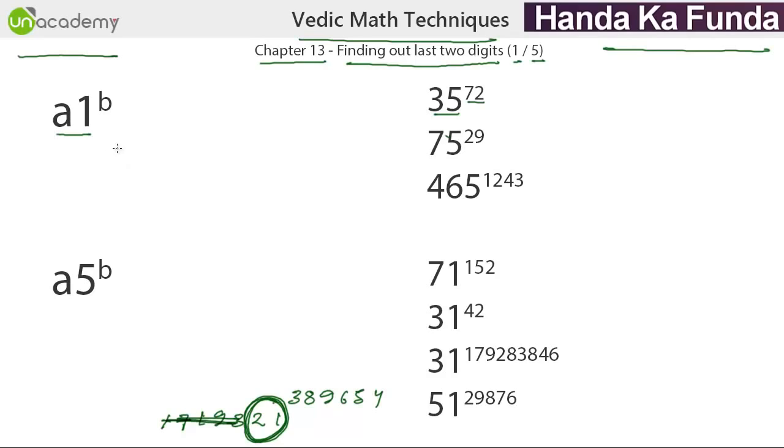Now, how do you figure out the answer when your number is like this, which is A1? So something which is ending in 1 and it is raised to the power of B. The last two digits of such a number will be, you write down first the last digit of A into B, whatever it is, that will form the second last digit, and the last digit will be 1.